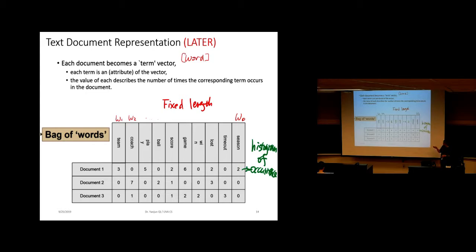And then for each article, you really just need to represent the properties of my document with that dictionary: first word, second word, until the last word. So for the majority, you can actually use the counts, right? How many times the first word appeared in document 1, how many times the second word in the dictionary appeared in document 1. So this is an occurrence vector, it's fixed length.